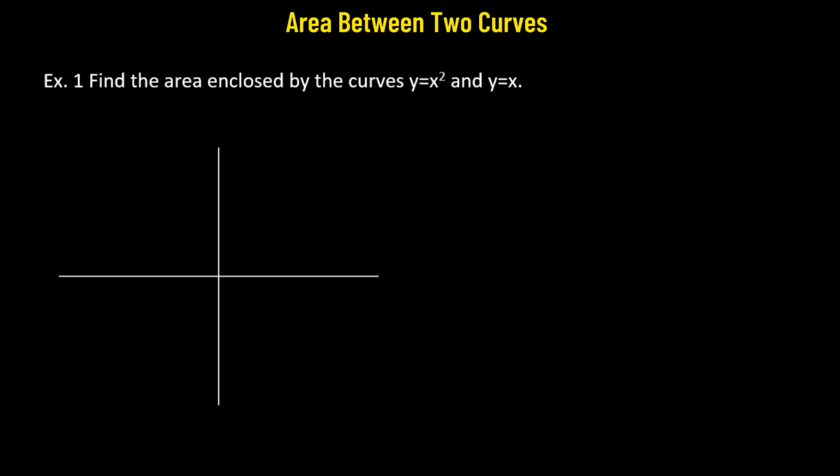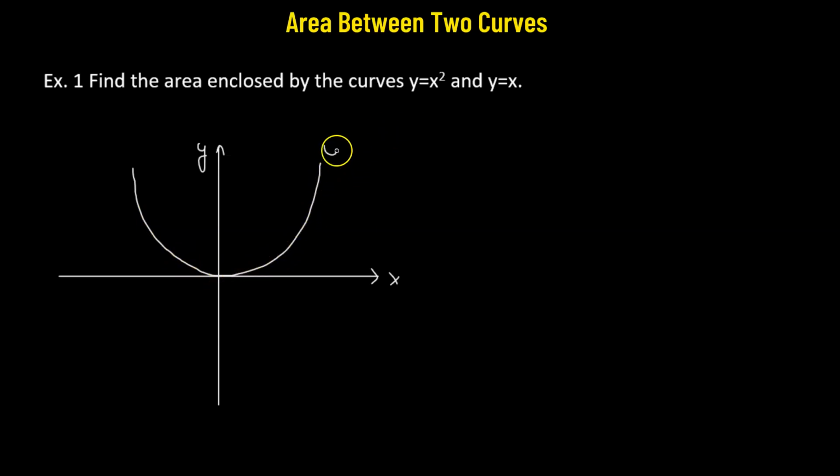So here we need to find the area enclosed by the curves y equals x squared and y equals x. So here we have the x-axis and the y-axis. The graph of y equals x squared will be a parabola, an upward facing parabola with its vertex at the origin.